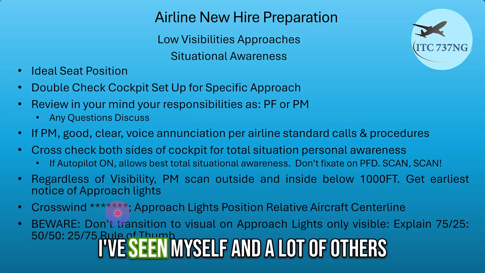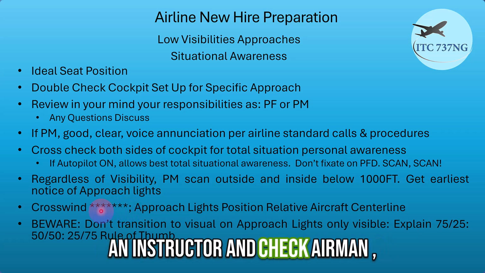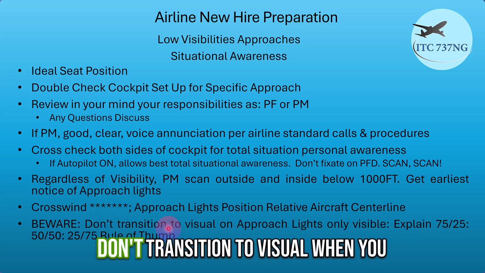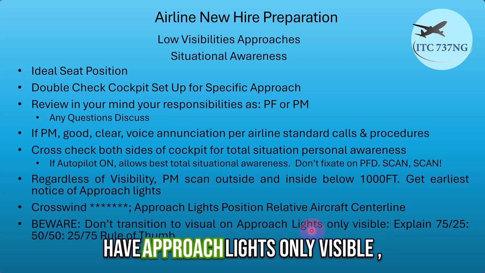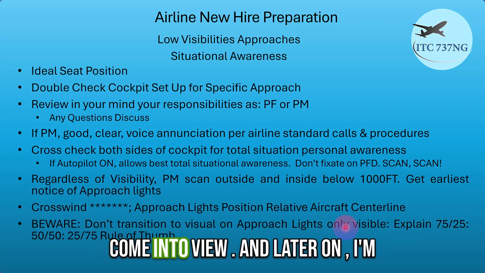I've seen myself and a lot of others during my course of flying and being an instructor and a check airman: don't transition to visual when you have approach lights only visible, especially when they first start to come into view.